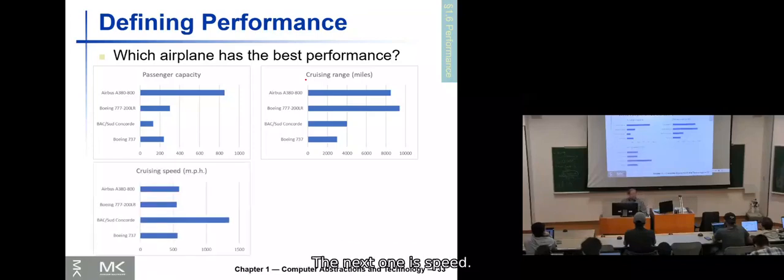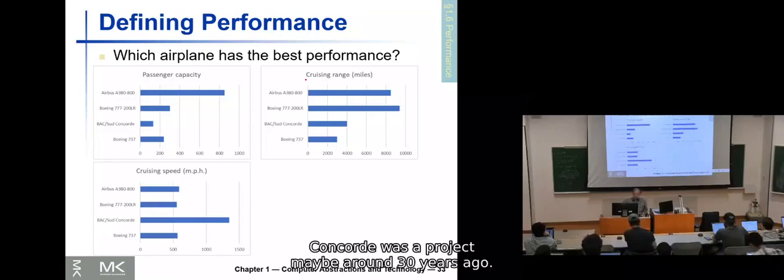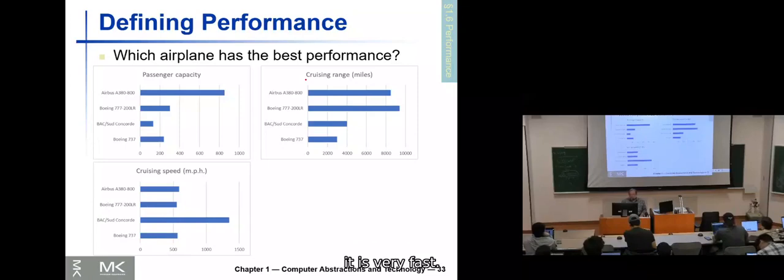The next one is speed. Which one is going faster? And here Concorde comes. Concorde was a project maybe around 30 years ago. They built Concorde thinking that it will dominate all the airlines because it is very fast. But it didn't.